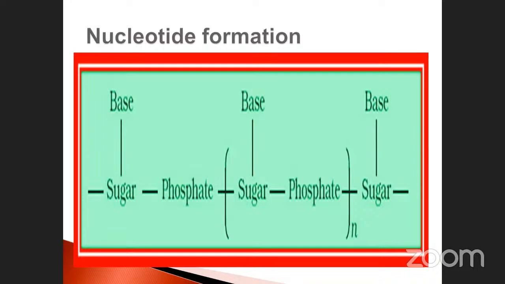Likewise, on the opposite side there is also a nitrogen base, a sugar molecule, and a phosphate. It is only one strand that is mentioned here; the opposite, complementary strand is also there. This starts from 5' to 3', and the opposite side is 3' to 5'. It is better for your identification.